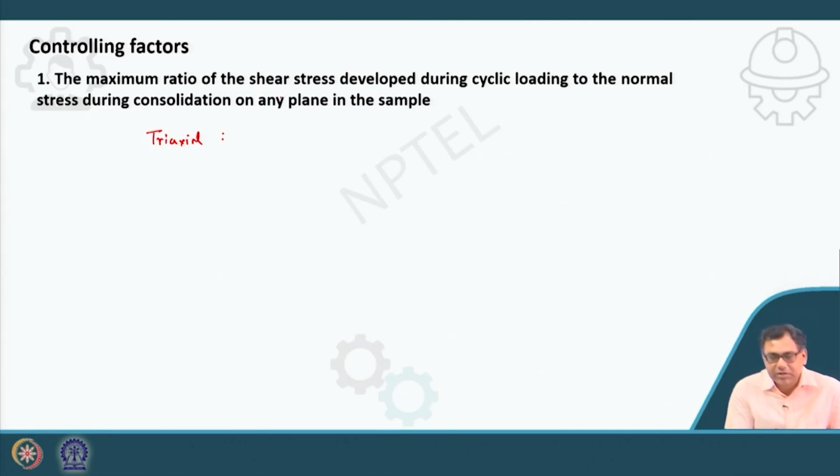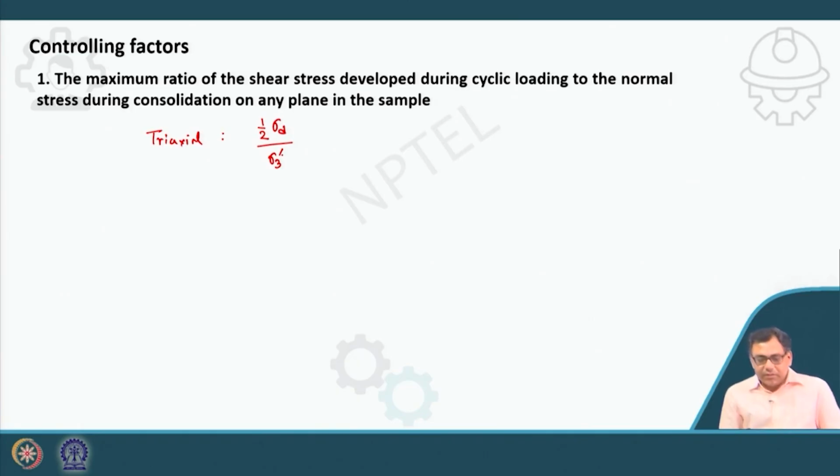For triaxial, the shear stress developed during cyclic loading is half sigma d, and the normal stress during consolidation is sigma 3 dash, because on that plane the normal stress is sigma 3 or sigma 3 dash.